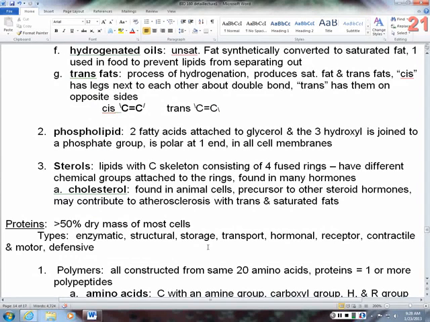It's found in animal cells. There is no cholesterol in plant cells at all. So it may contribute to atherosclerosis with the trans fats and saturated fats. So one of the things when they're looking at your risk of cardiovascular disease, they look at is your cholesterol and your total blood lipids in there.